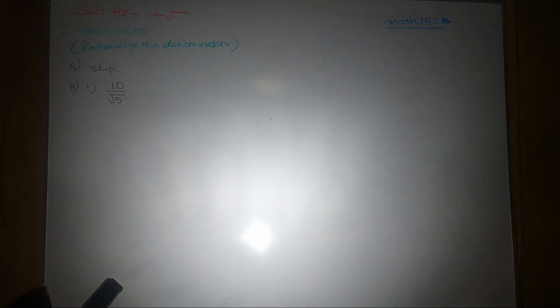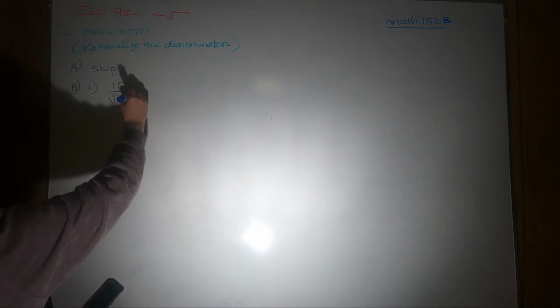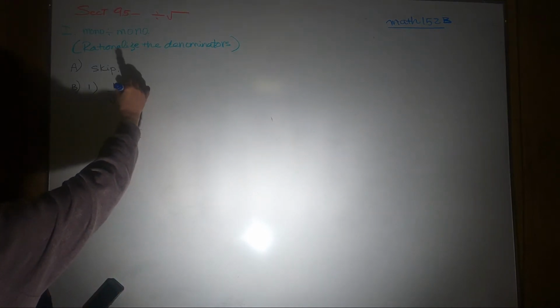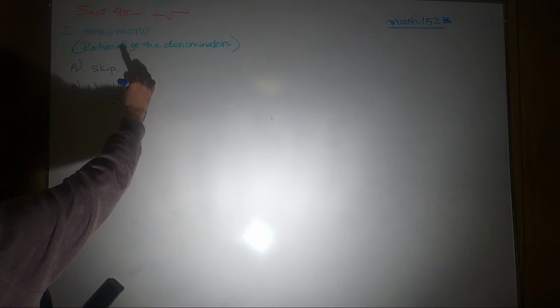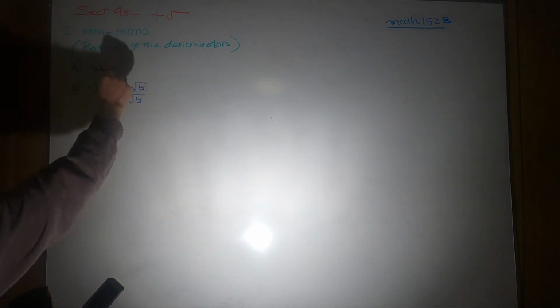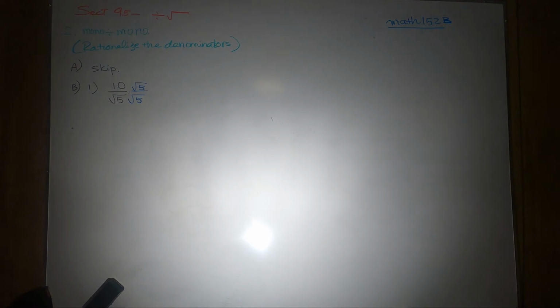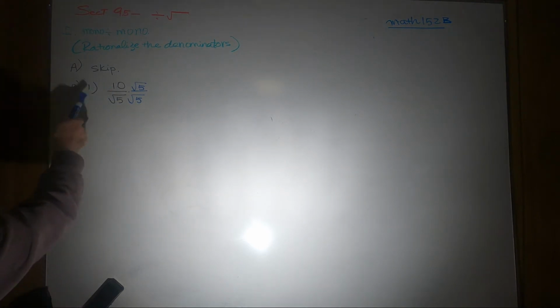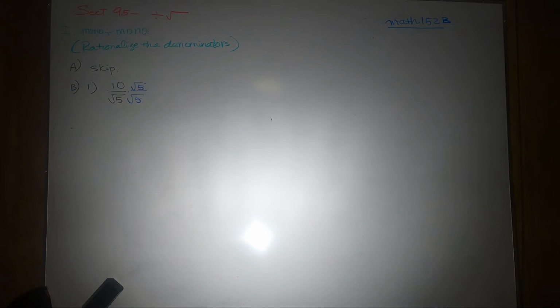We can do that by multiplying by its twin, right? If you multiply the top, you have to multiply the bottom, and vice versa, because this value is 1, so it doesn't impact the original value.